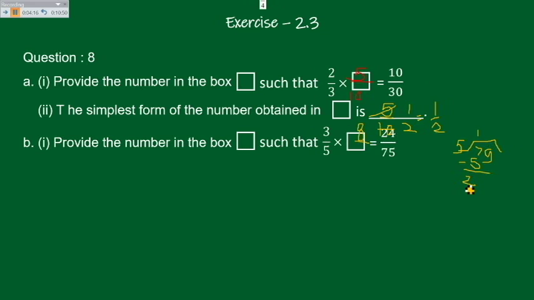Clear? Now we will write 5 here. 5 5s are 25. So here you will get 25.